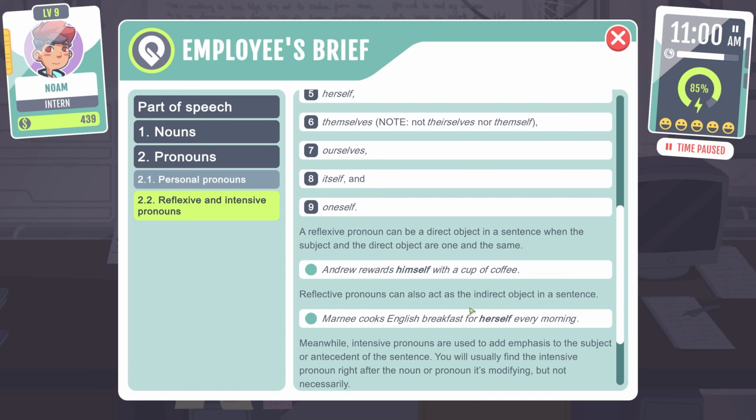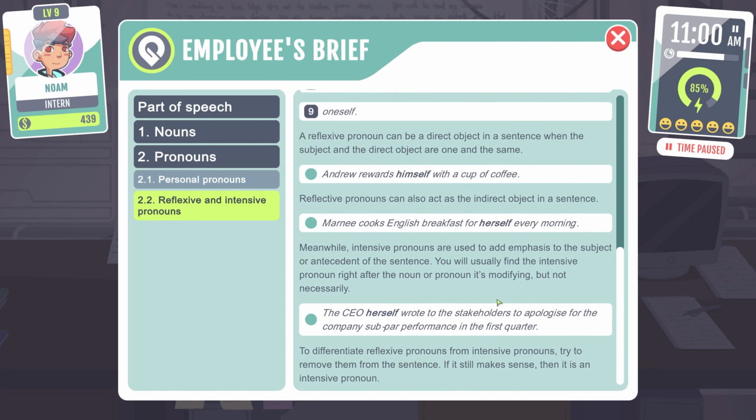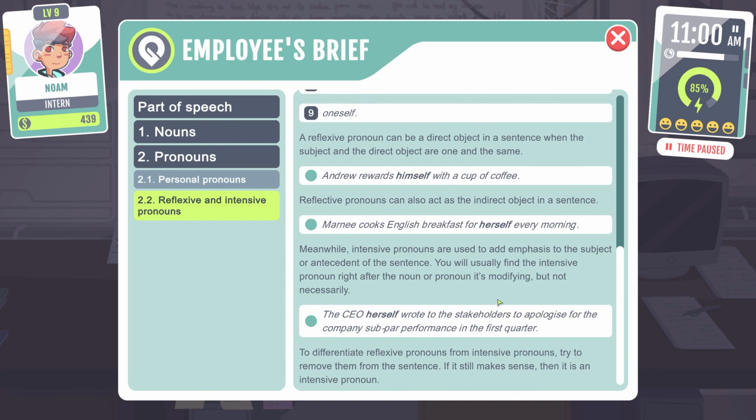A reflexive pronoun can be a direct object in a sentence when the subject and the direct object are one and the same. Andrew rewards himself with a cup of coffee. Reflexive pronouns can also act as the indirect object in a sentence. Marnie cooks English breakfast for herself every morning. Meanwhile, intensive pronouns are used to add emphasis to the subject or antecedents of the sentence.